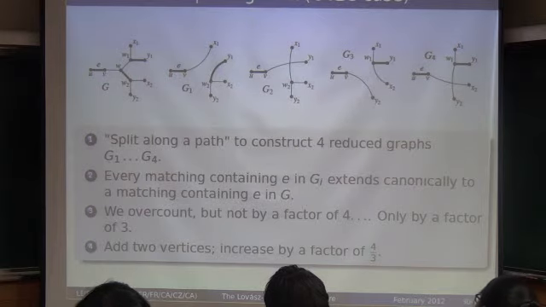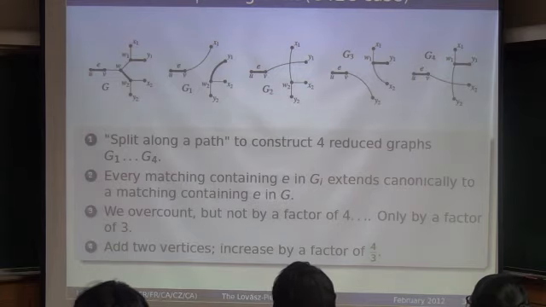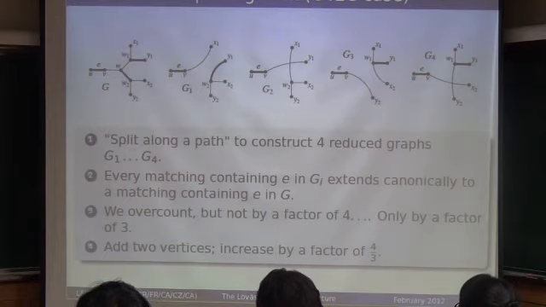So you have G1, G2, G3, and G4. And you actually have not a bijection, but you can map every perfect matching containing a given edge in one of the auxiliary graphs to a unique perfect matching, or a canonical perfect matching, containing the same edge in the original graph.